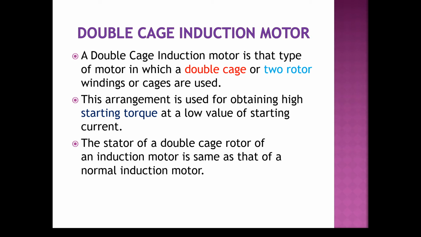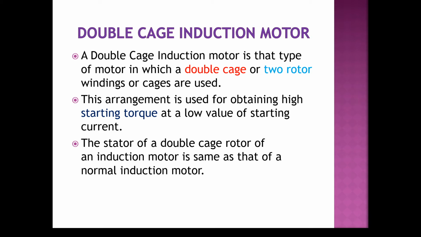When we see the stator of a double cage motor, it is the same as that of a normal induction motor. In the double cage rotor there are two layers of bars, and each layer is short circuited by an end ring.